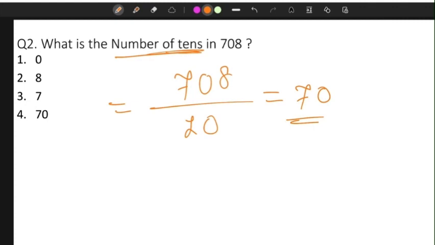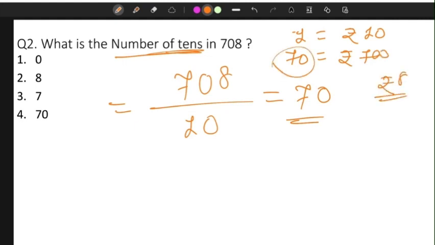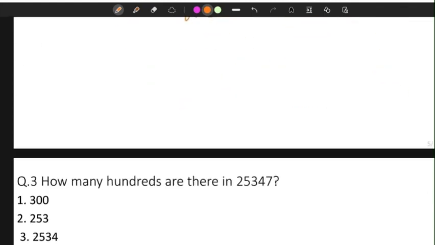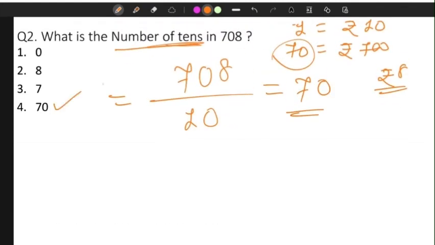I can buy 70 pencils and 8 rupees are still left with me. So the answer is 70 pencils, not 71. Got it? This is option D.